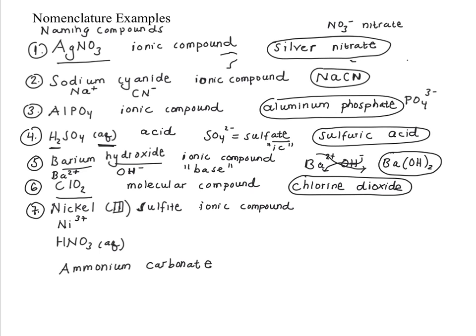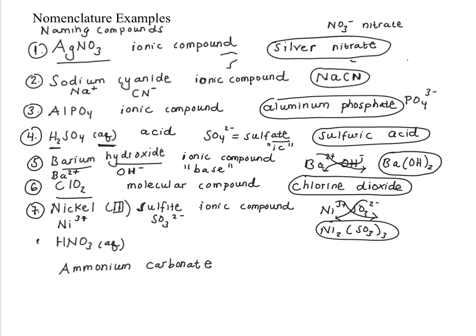And sulfite is SO3 with a -2 charge. Okay, so we have Ni3+ and SO3 2-. To make this electrically neutral, we do our crisscross method, and we're left with Ni2(SO3)3.